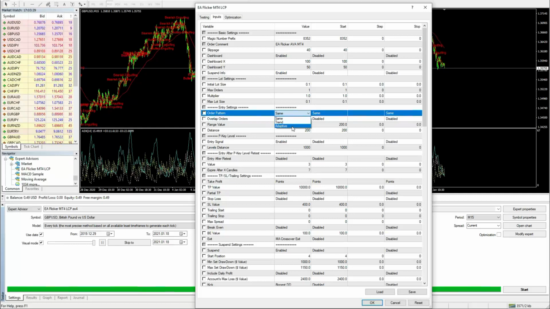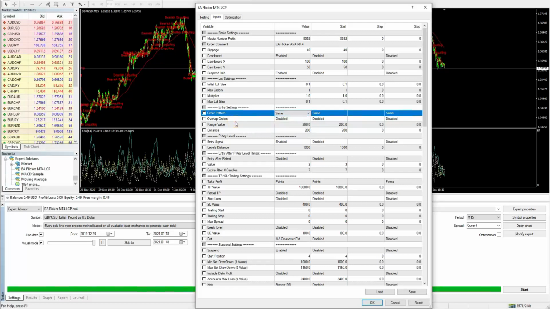Now what adaptive does is that, let's say from the last position and it's in negative, so if you choose the order pattern to adaptive, based on your last position, if it's negative or it's losing money, it'll open a position of the opposite direction. Okay, so instead of sell, it'll be a buy, that kind of thing. So adaptive. But if it's in profit direction, so if it's profit in the buy direction, so you open another buy. Okay, so you follow the direction whereby it is giving you profit.